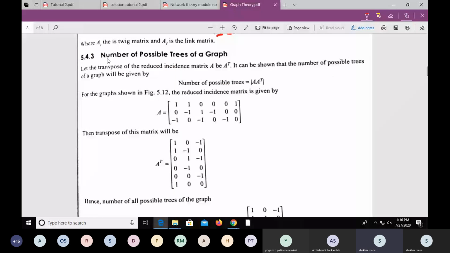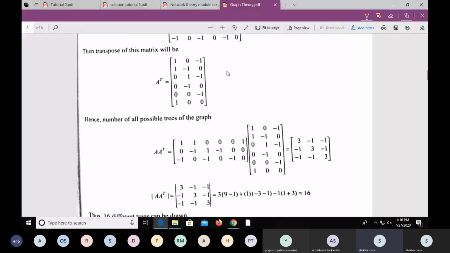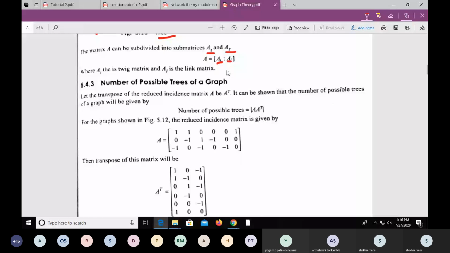Now see here, the number of possible trees of a graph. This type of question can be asked in quizzes. If a graph is given, then what is the number of trees possible? So there is one formula.